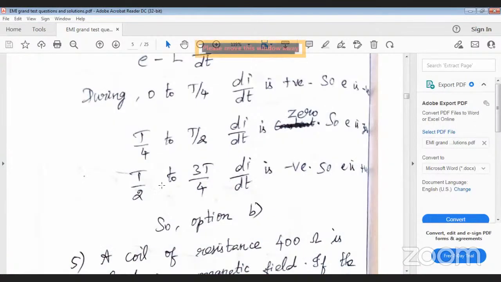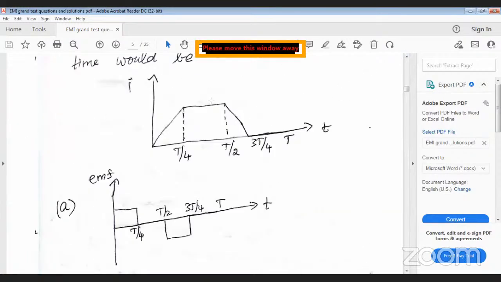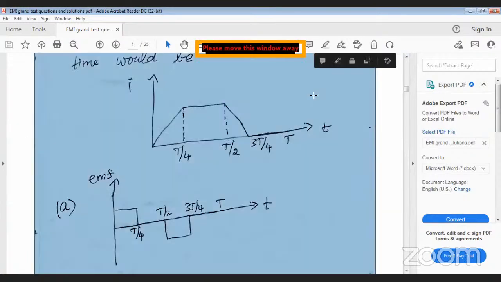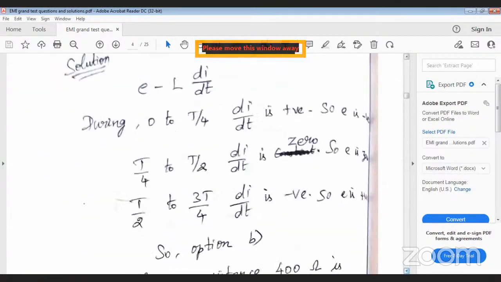And from T by 2 to 3T by 4, your di by dt is negative. That means with the increase in time, your current is decreasing. So here di by dt is negative. That means EMF is positive.